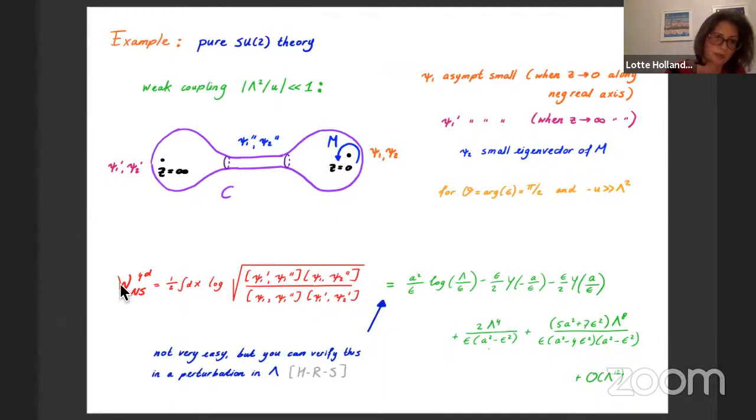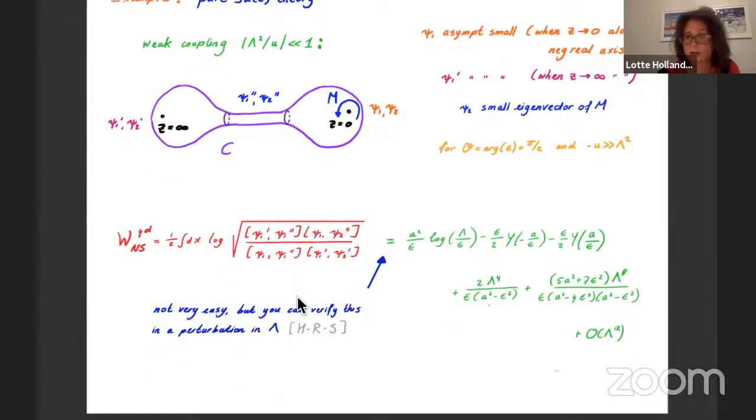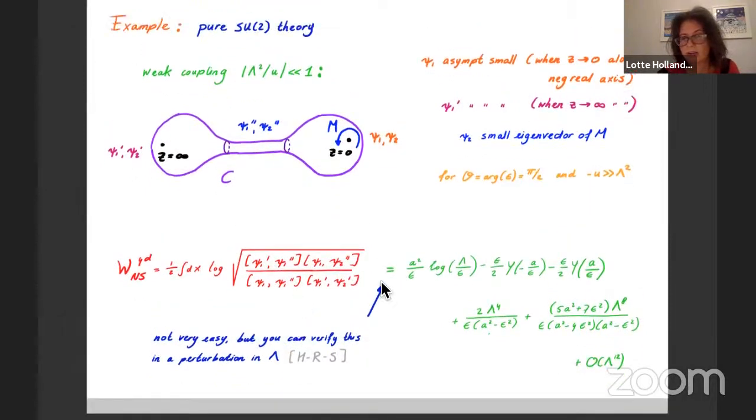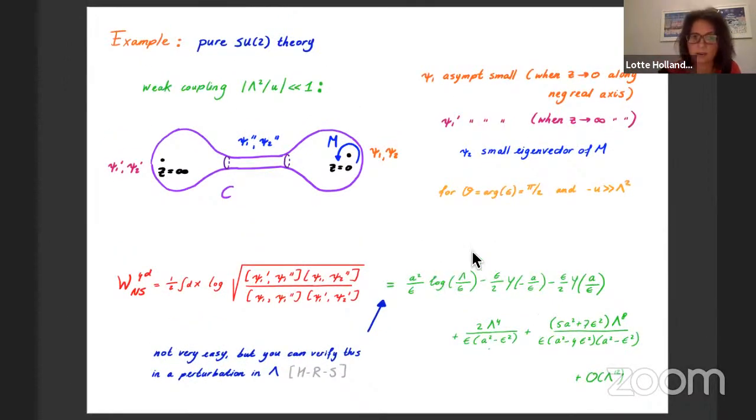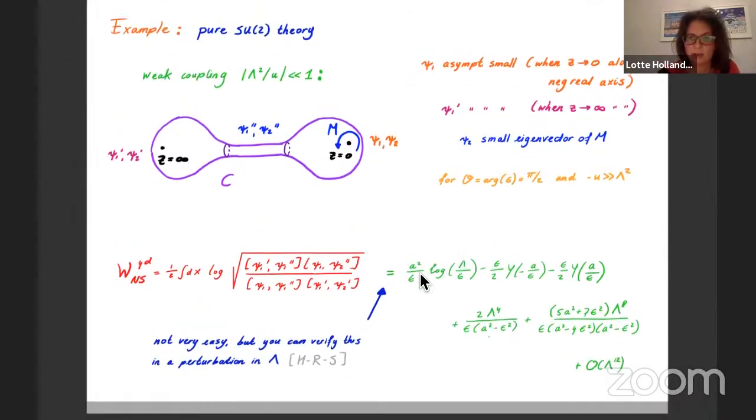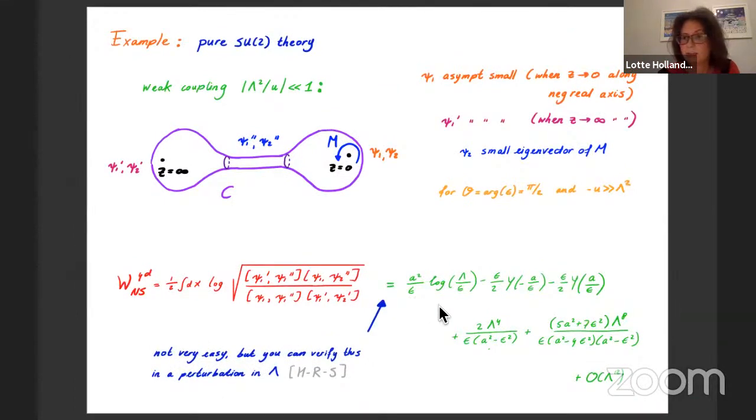The superpotential is equal to half times the integral of dx of the logarithm of the square root of a ratio of solutions. It's not a very simple computation, but you can verify that this indeed gives the superpotential as it is known, at least in a series expansion in lambda to the 4th.